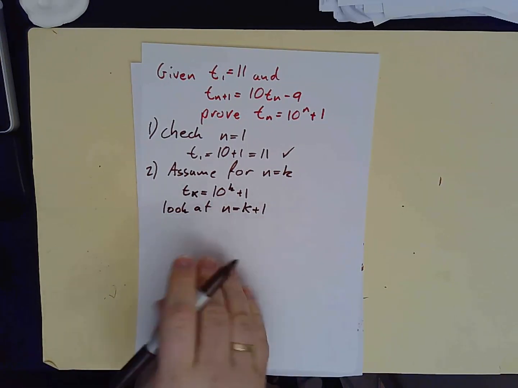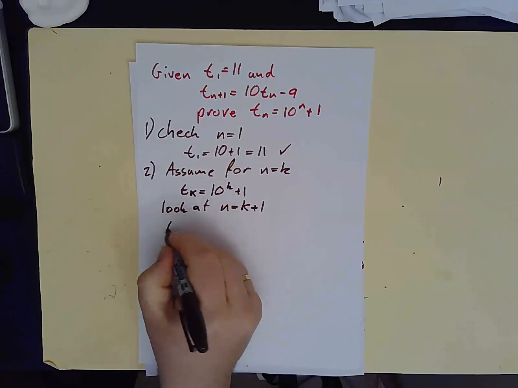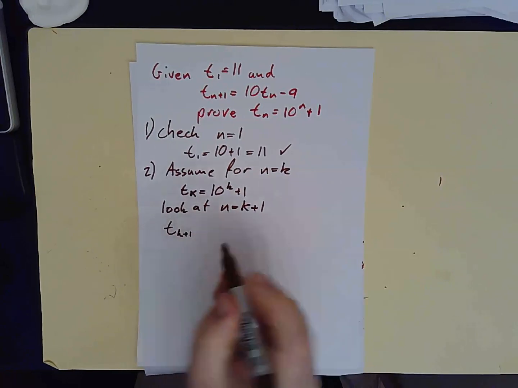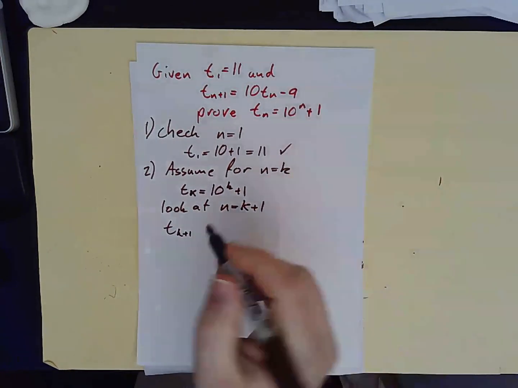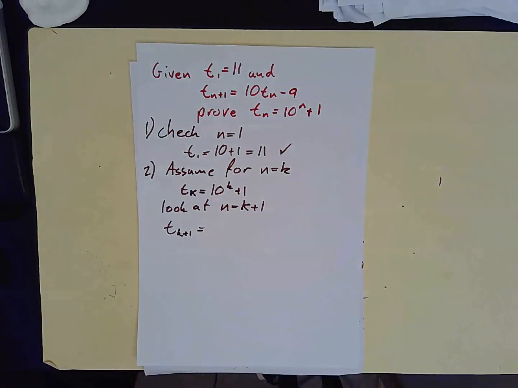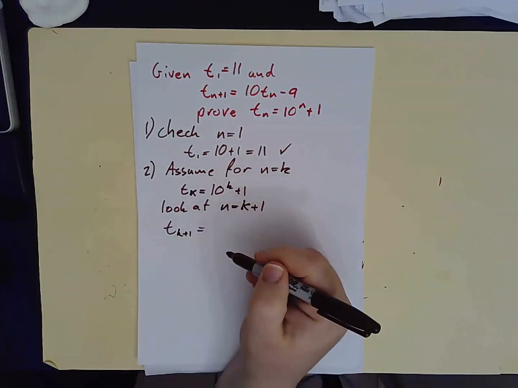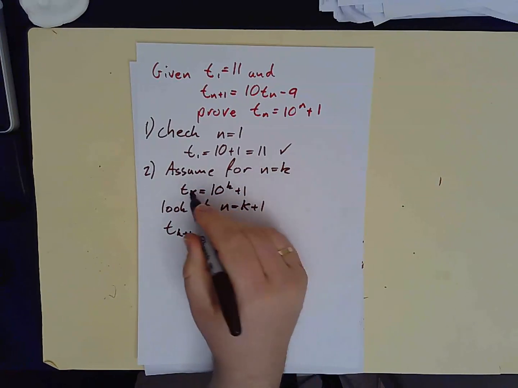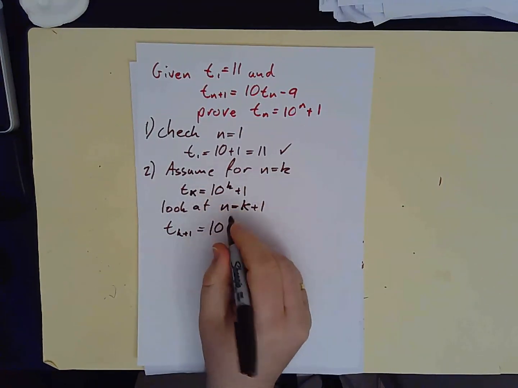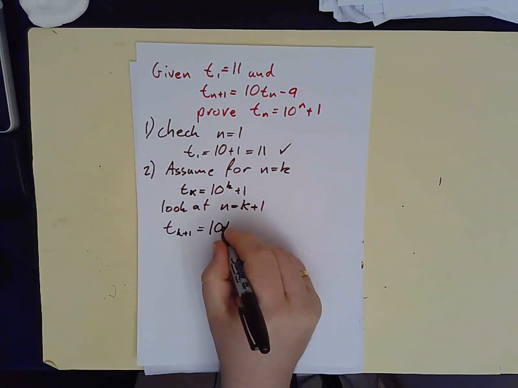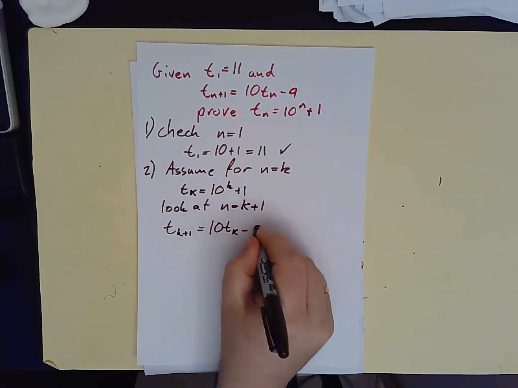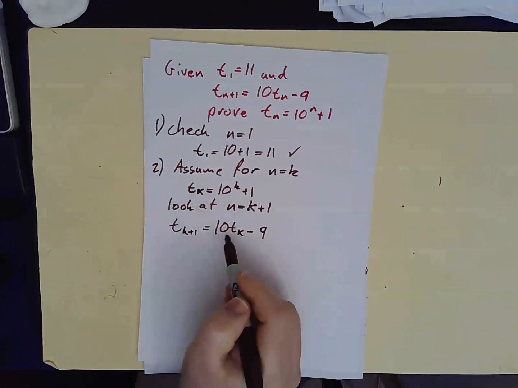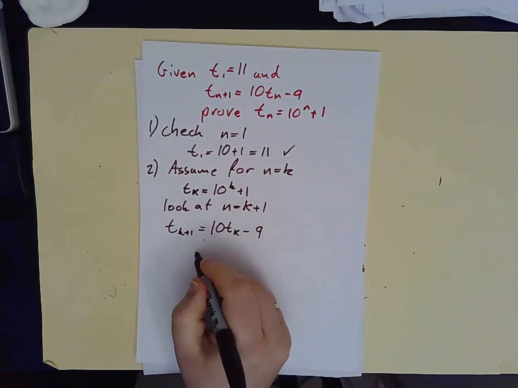Now here we're looking for t to the k plus 1. Well, using this here, I can say something about that in terms of the previous term, which is this tk. So it's going to be 10 lots of tk minus 9. Now I've assumed that tk equals this, so I can now substitute that in.